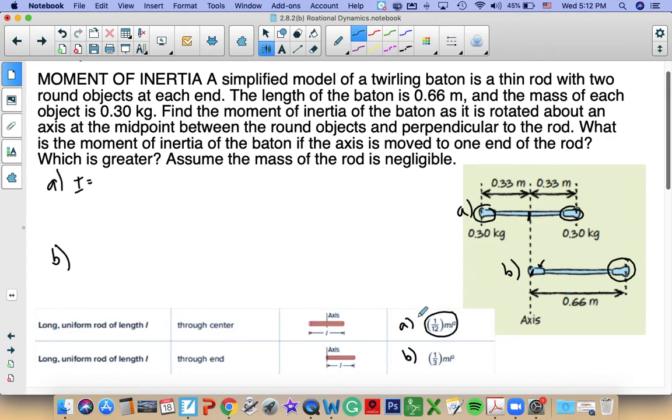So for A, we're actually going to have to do 2 times this. I'll just do it twice. So let's say the moment of inertia for mass 1 plus moment of inertia for mass 2. That's kind of what it would look like if I generalized it. So it's going to be 1/12 times mass, which is 0.3 kilograms, times my length squared.